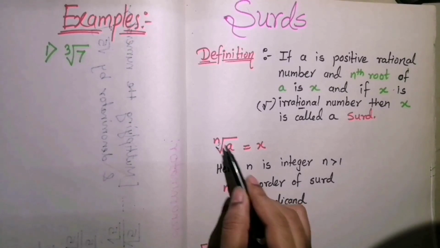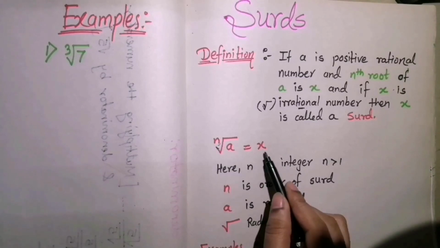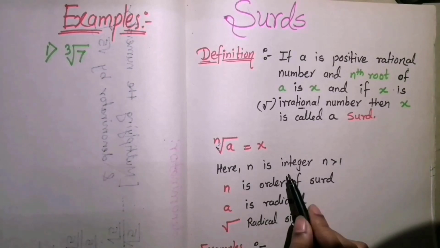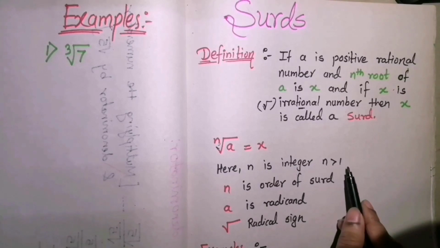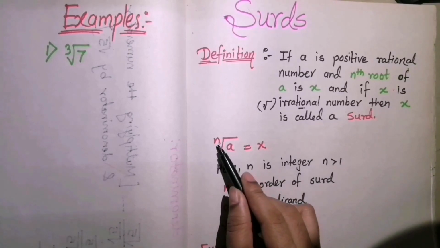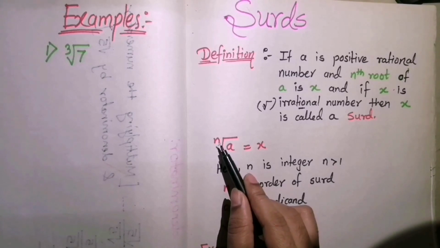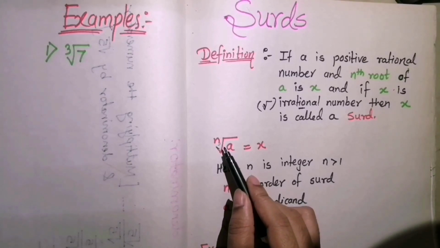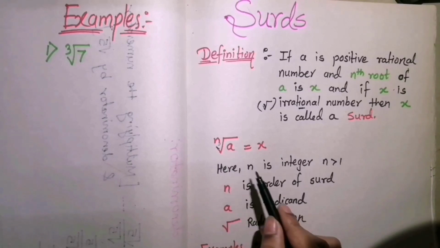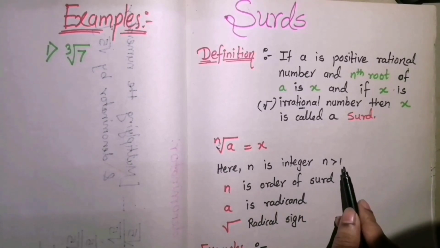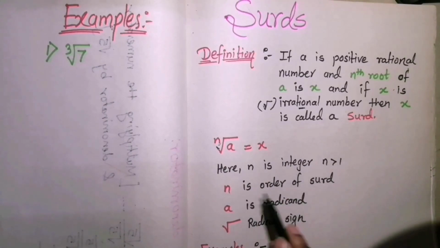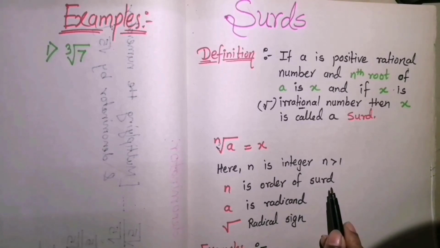It is the nth root of A equals x. So here n is an integer, n is greater than 1, which means 2, 3, 4, 5 and so many, infinite. Okay, so n is an integer, n is greater than 1. So n is the order of the surd, right?